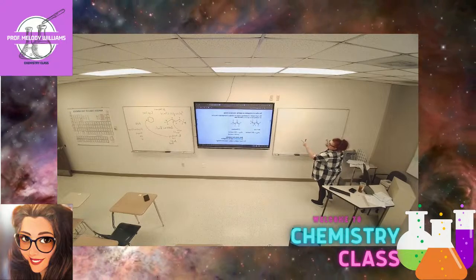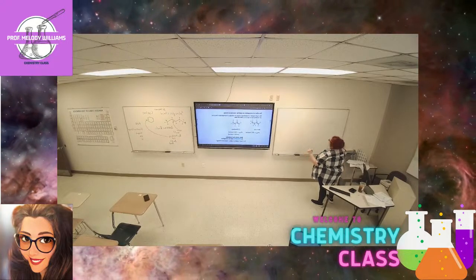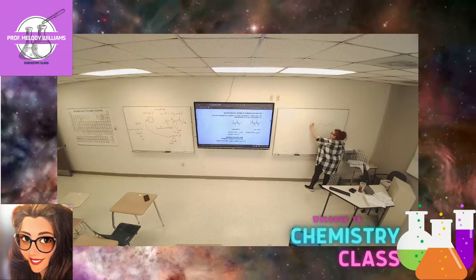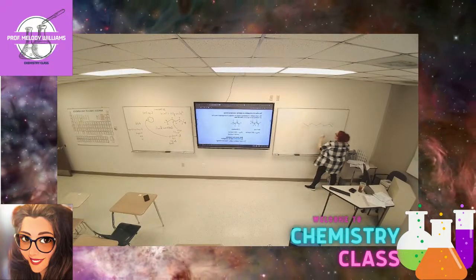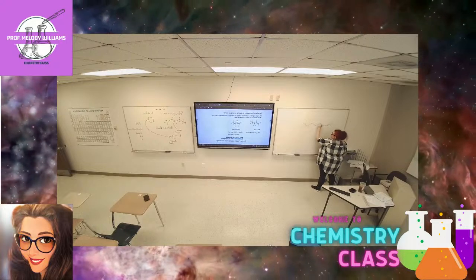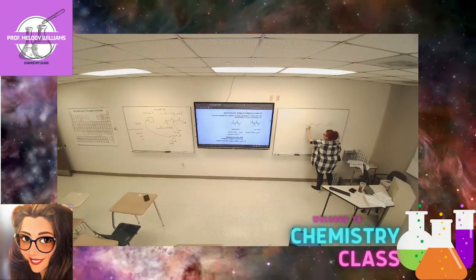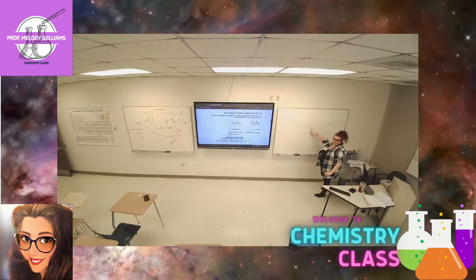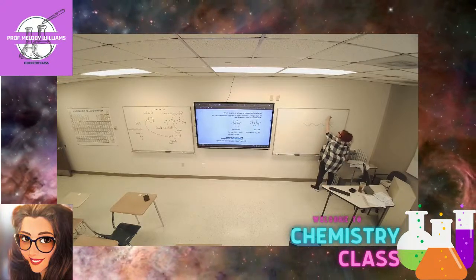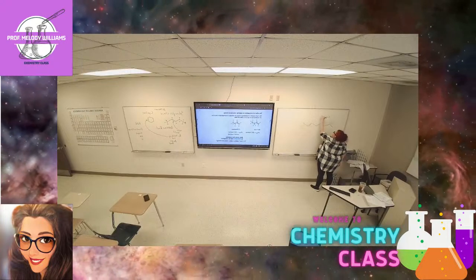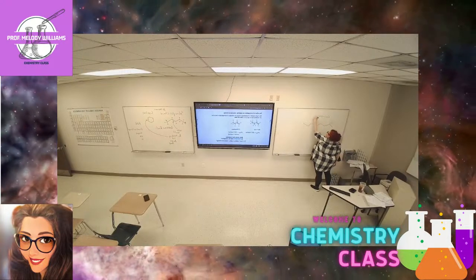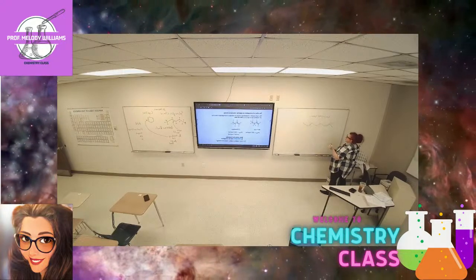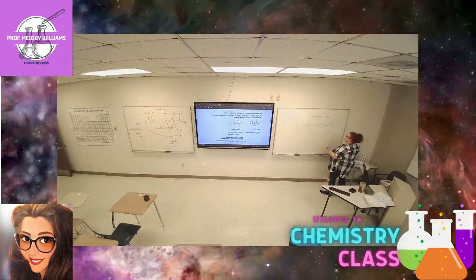So we'll use these examples, but I'm also going to use a different example too. If I have something like this, every other bond is a double bond. This is what we call a conjugated system. And the thing is, I can draw this in different ways.